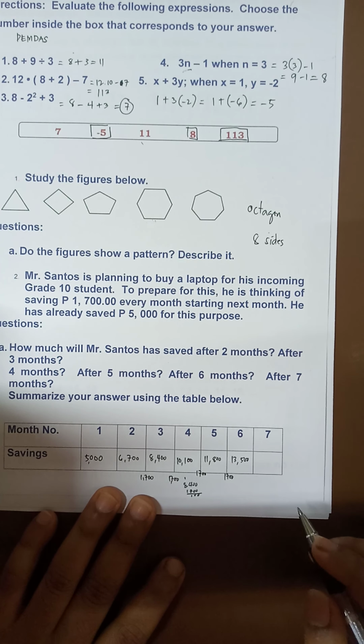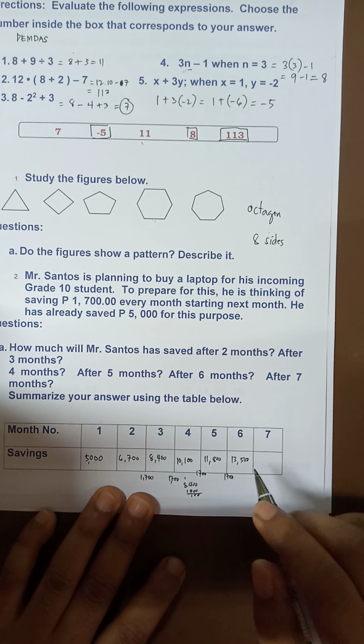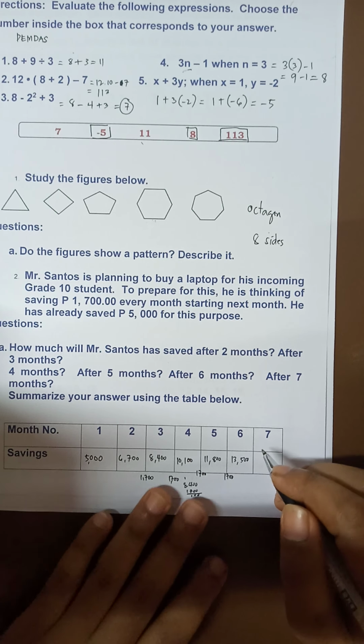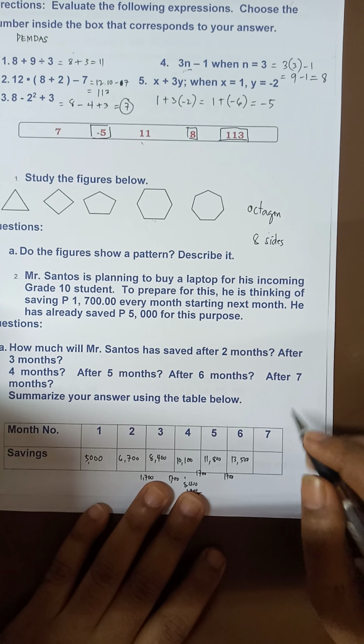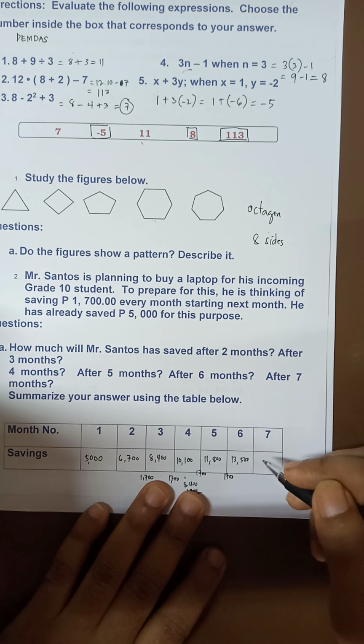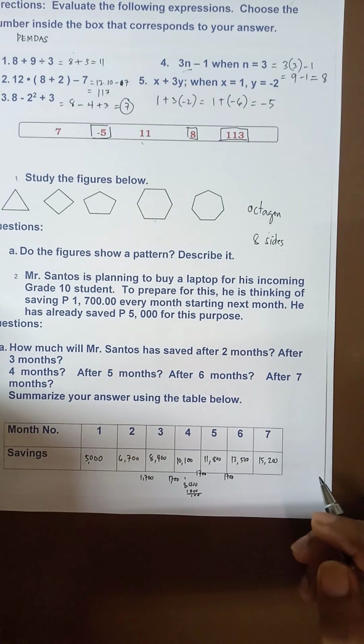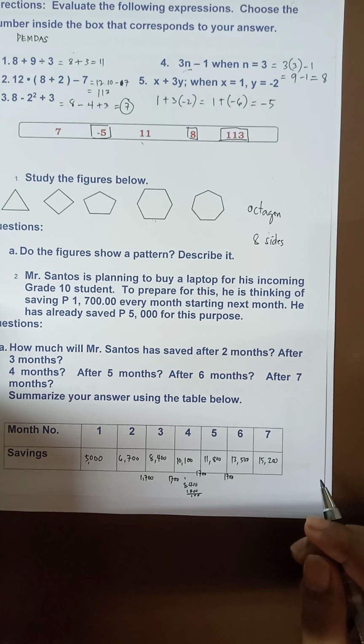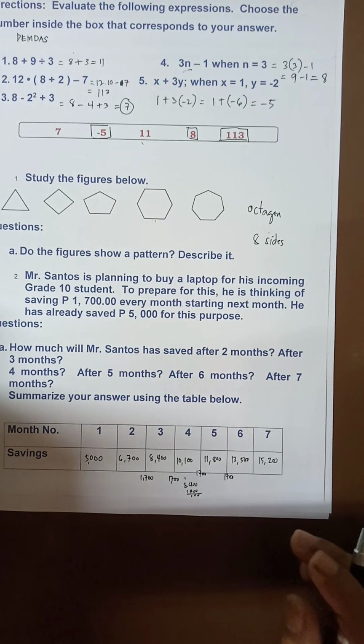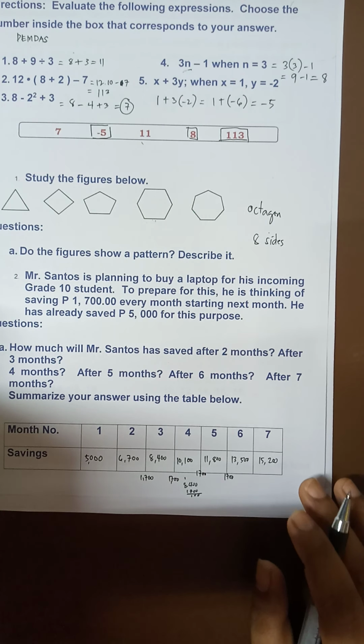And for the seventh month, with an additional 1,700, his total savings for the seventh month is 15,200. So that will be the savings of Mr. Santos if he saves his money for a span of 7 months.